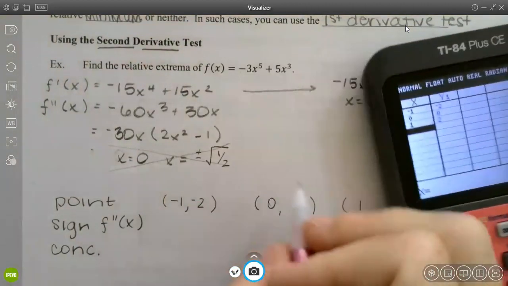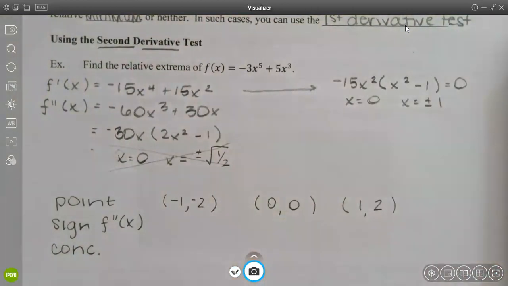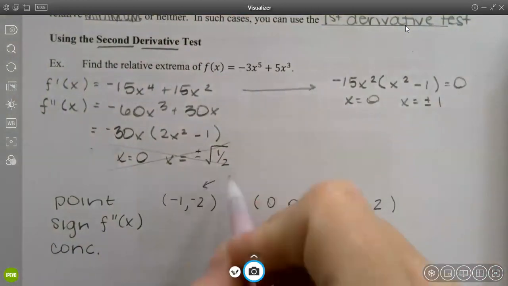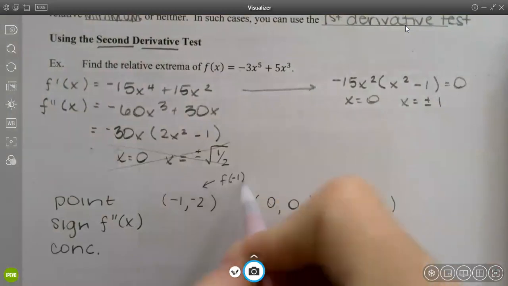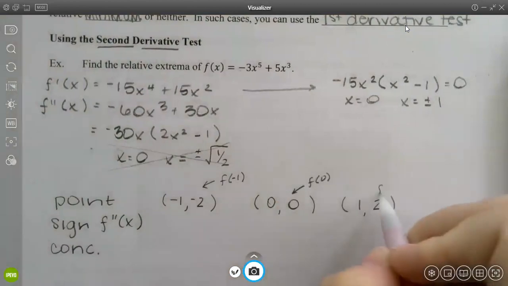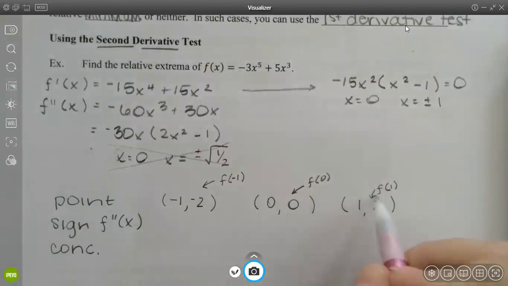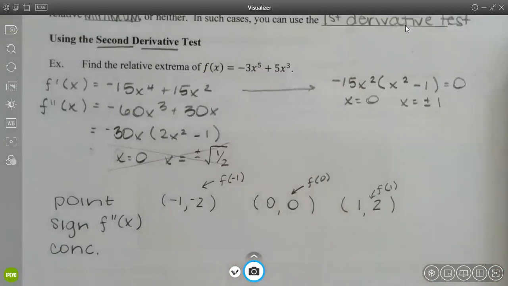When I plug in 0, I get 0. And when I plug in 1, I get 2. So this was from plugging in f of negative 1, f of 0, and f of 1. That's where those came from.